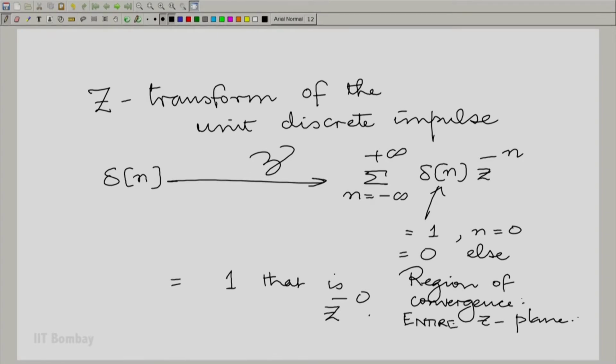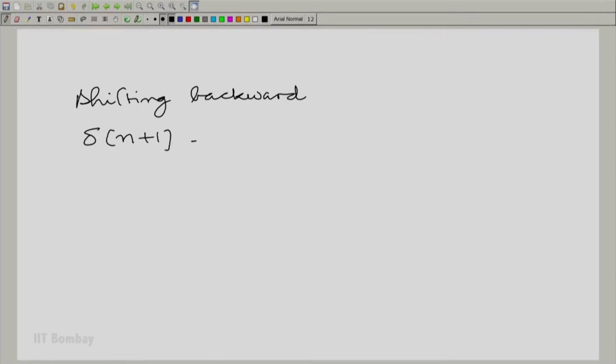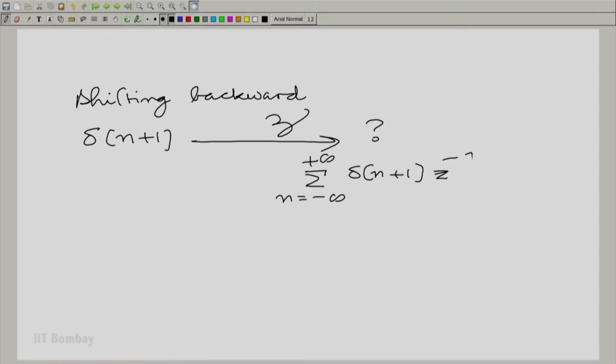Now, what happens when you shift backward and shift forward? Let us see. So, let us take delta n plus 1 and query its z transform. It is very easy to see that this would be essentially this summation with only one term really non-zero, and that is z.